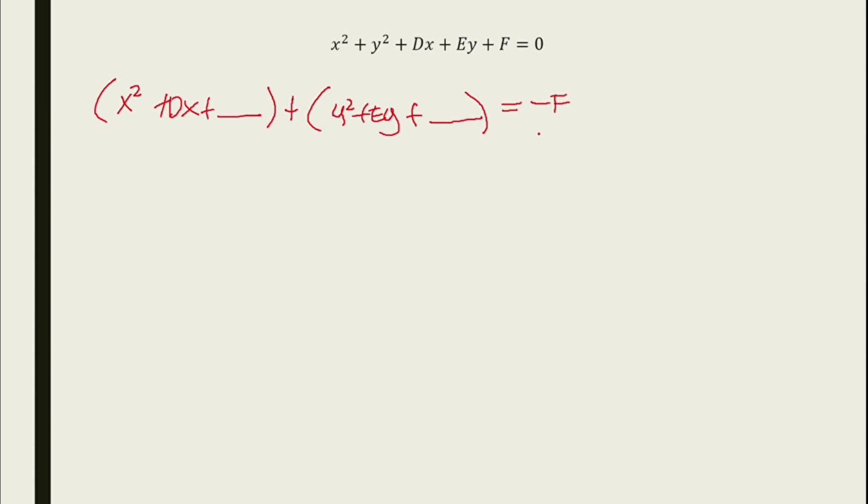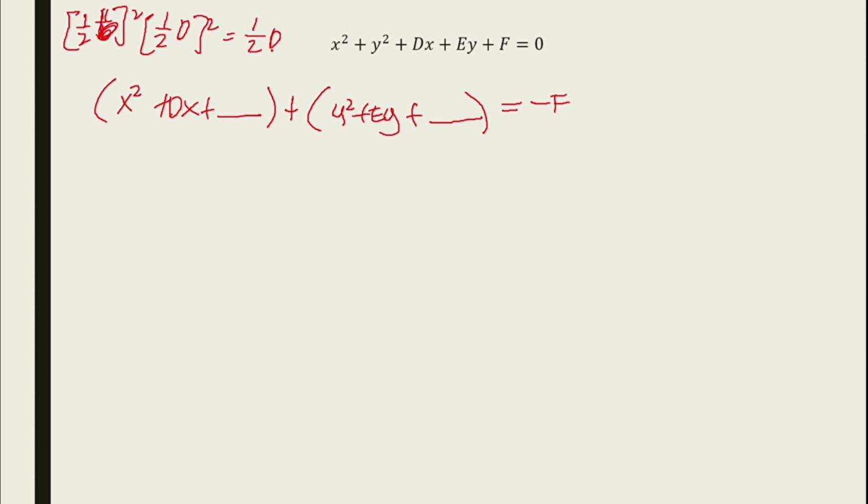How do we complete the square? We take 1/2 of b, then square it. What is our b here? We have d, and for the y term, it is e. So 1/2 of d, squared, is d squared over 4.